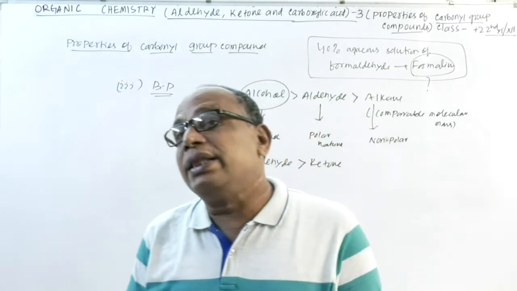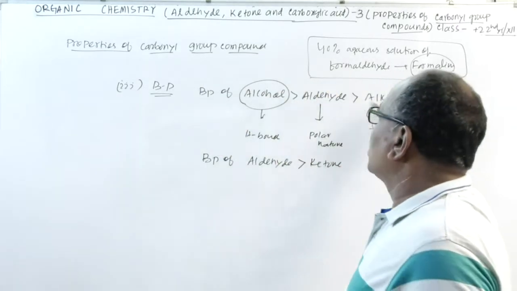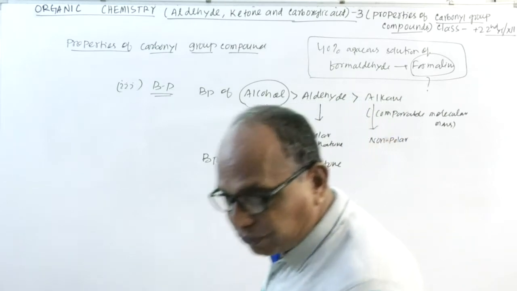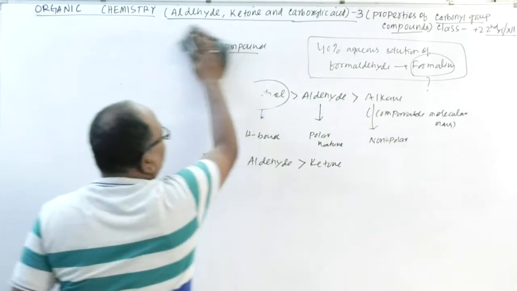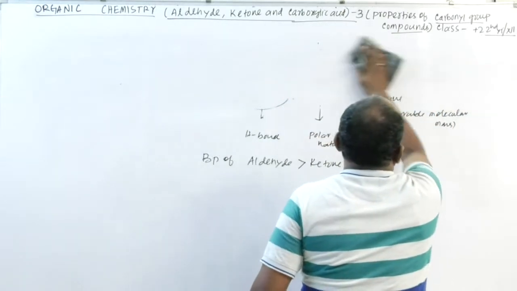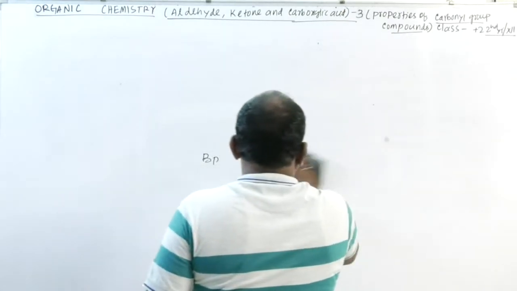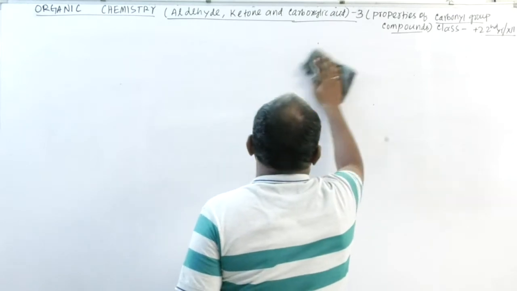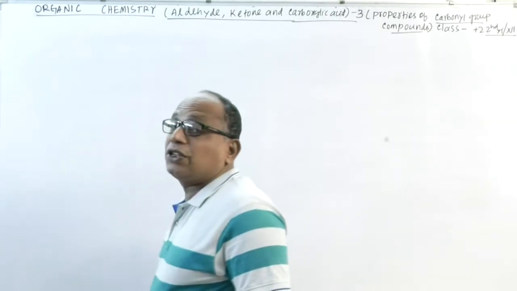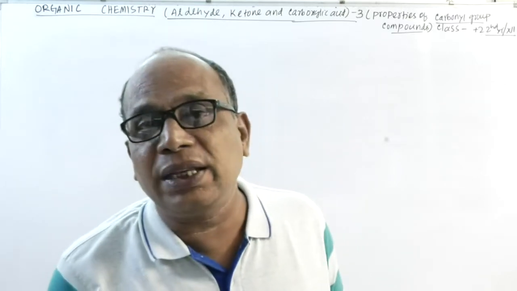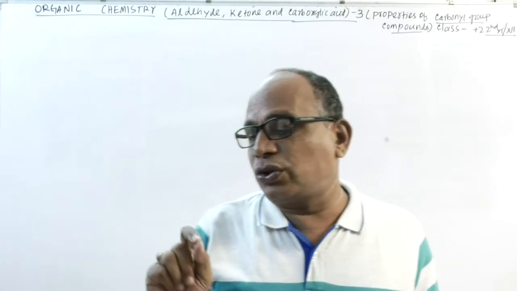Okay, students, these are all the physical properties of carbonyl compounds, that is aldehyde and ketone. And do you remember what formalin is? What is the use of this formalin? One more question: what is formalin? Formalin is the 40% aqueous solution of formaldehyde.